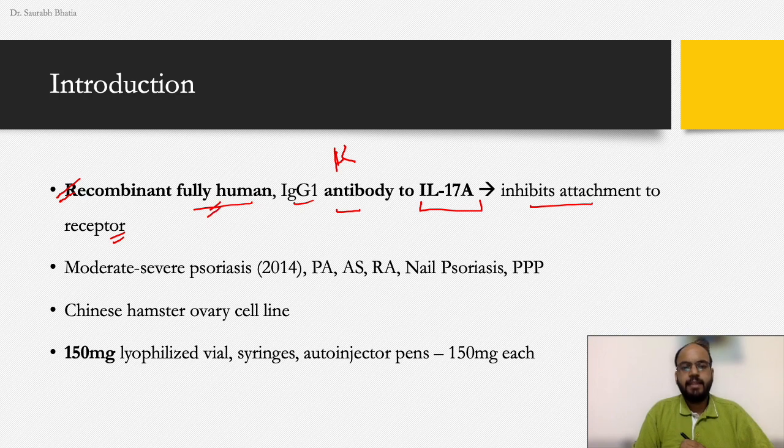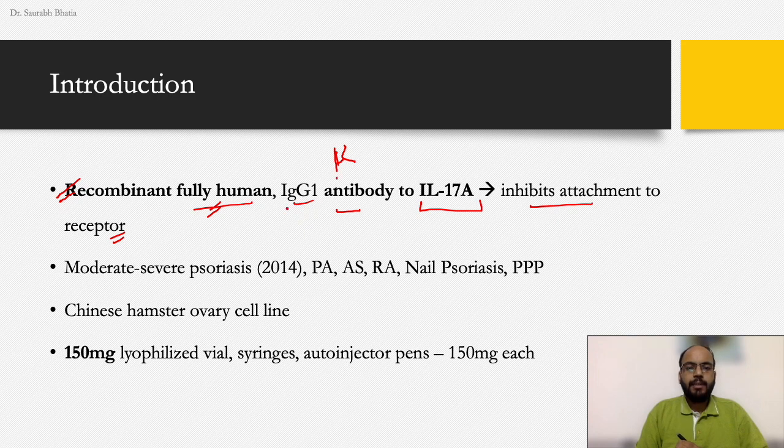That means it is made through human cell lines. It has the least amount of interaction in the sense that when we inject Secukinumab in the patient's body, the body takes it in better than other biologicals or other TNF alpha inhibitors, and the anti-drug antibody formation is very low.